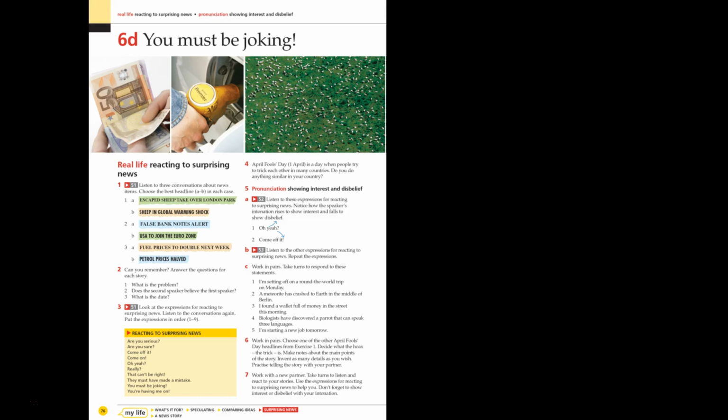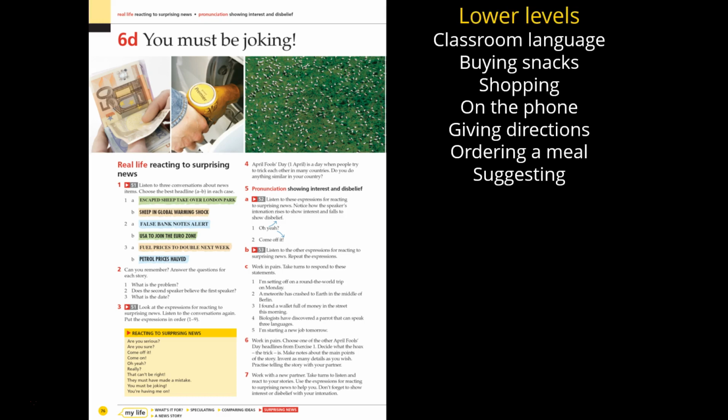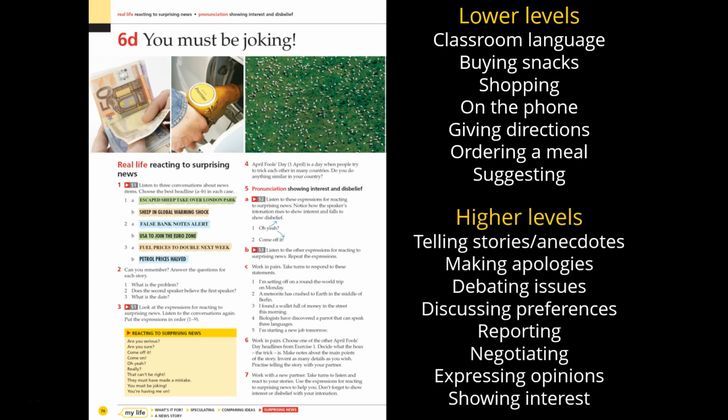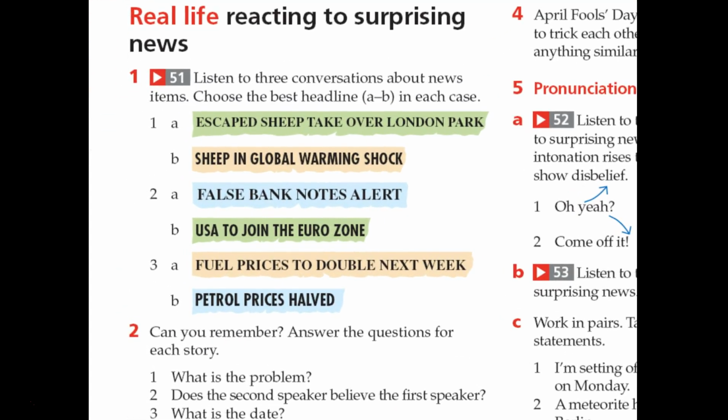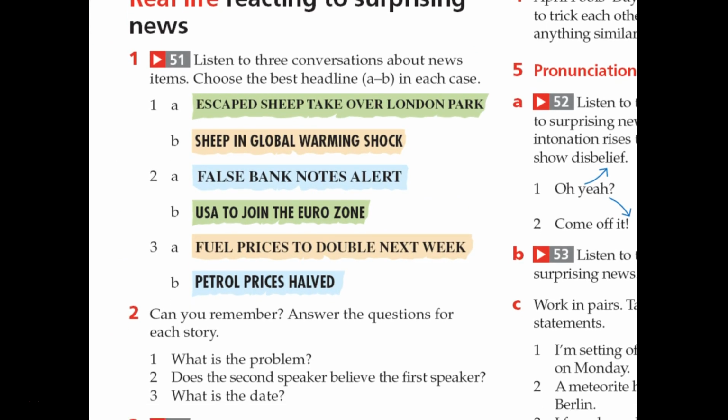At lower levels, the focus is more on things like shopping, giving directions, and ordering a meal, while at higher levels, it deals with things like telling stories, debating, reporting, or reacting to surprising news, as in this lesson. Context is always provided through listening tasks, which then highlight the target language for the lesson.